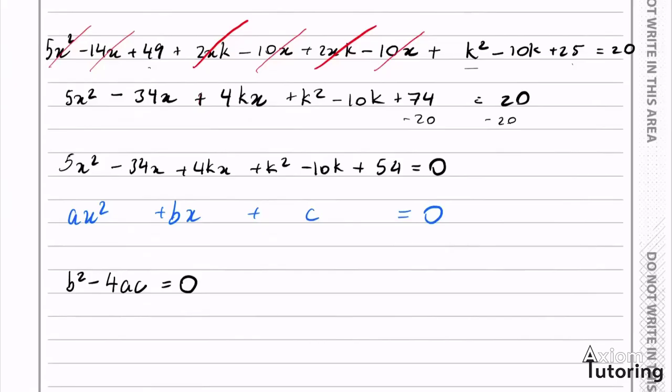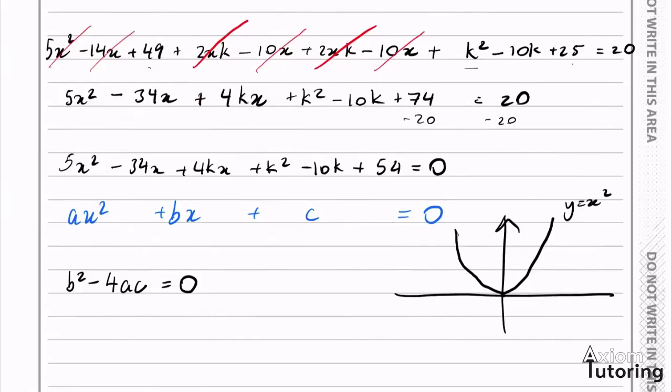So if we have a quadratic which looks like this, that's the simplest kind, y equals x squared. This is a tangent to the line y equals 0.